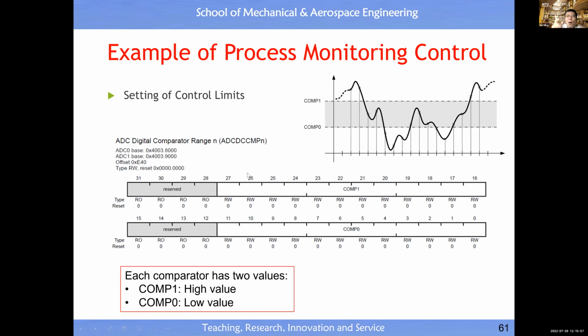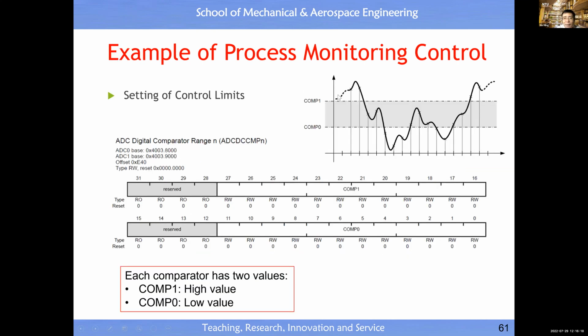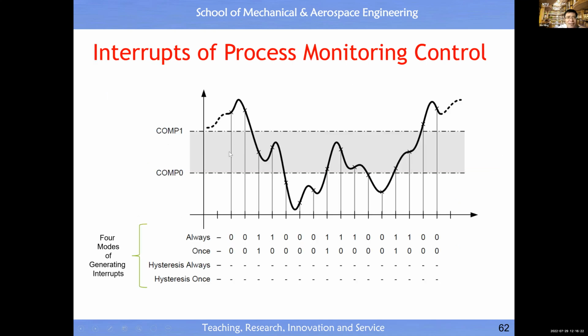The hardware of a controller will allow you to do the configuration for the setting of process control, right? Okay, and when something goes beyond, goes outside... if this is within the control limit, upper limit, lower limit, there's no alarm signal, no interrupt.